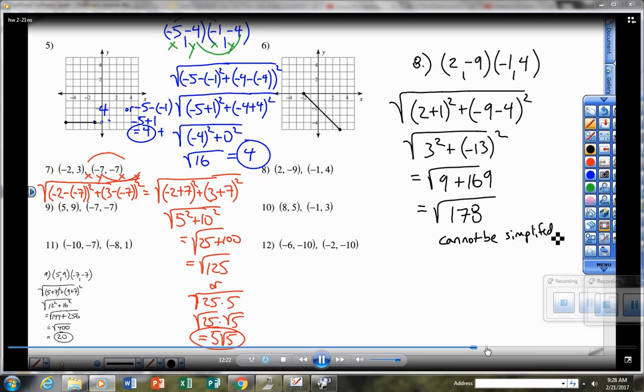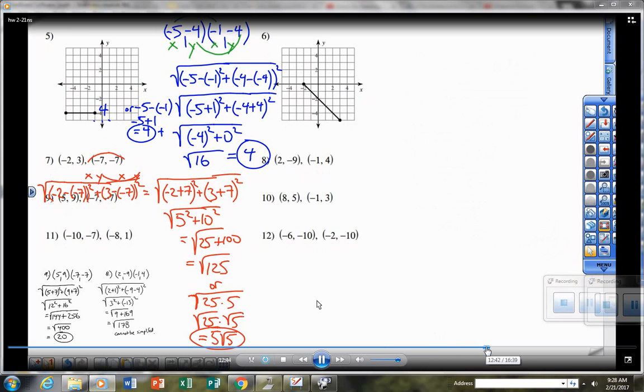Alright, I'm going to shrink this down. Next problem is, I believe, number 11. Number 11, I got negative 10, negative 7, negative 8, positive 1. I'm going to subtract my x's and subtract my y's together.